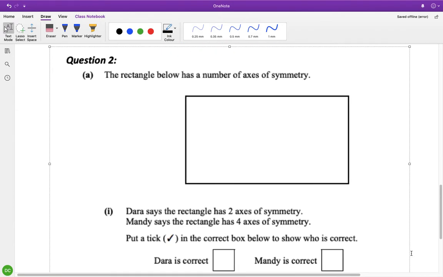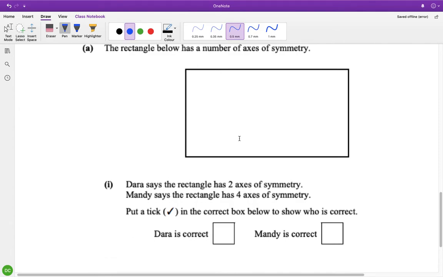The rectangle below has a number of axes of symmetry. Dara says it has 2 axes of symmetry, whereas Mandy says the rectangle has 4 axes of symmetry. So who's correct? Dara is correct, 2 axes of symmetry.